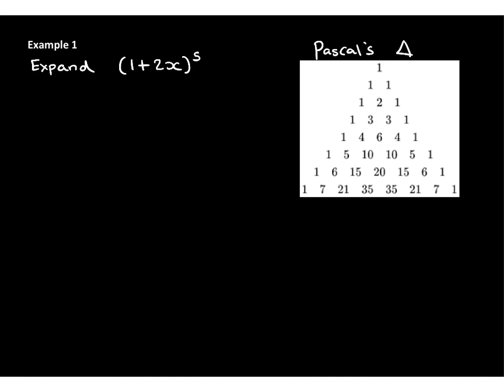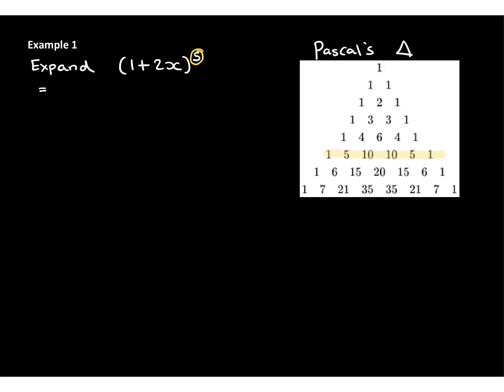Well, first of all, we need to check the power involved. It's 5, so we want this row of Pascal's triangle, the 1, 5, 10, 10, 5, 1 row, and we're going to start writing out the terms of the expansion.